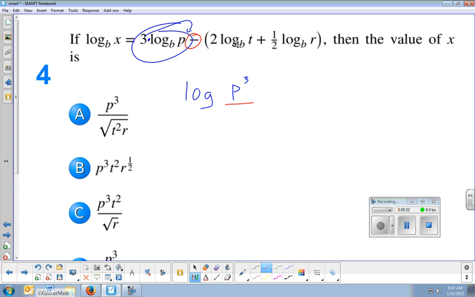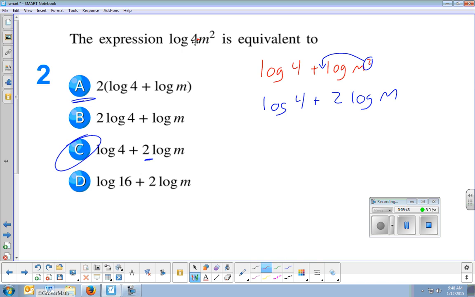So what's happening down here? Well, for log t, I have 2 log t. Well, that's going to become an exponent of the t. So that's t squared. And this 1/2 will become an exponent of r. And then what's happening between them is a plus, but going backwards, that means product, right? When we saw the 4 times m, we made log 4 plus 2 log m.